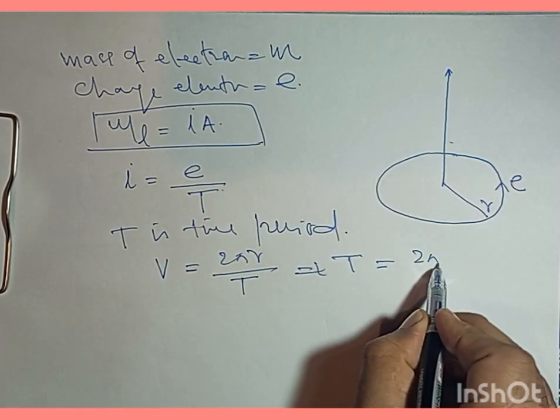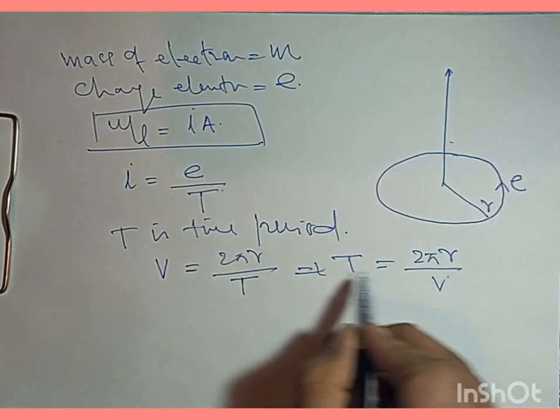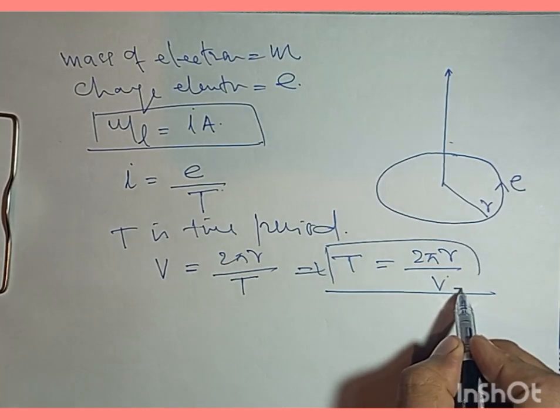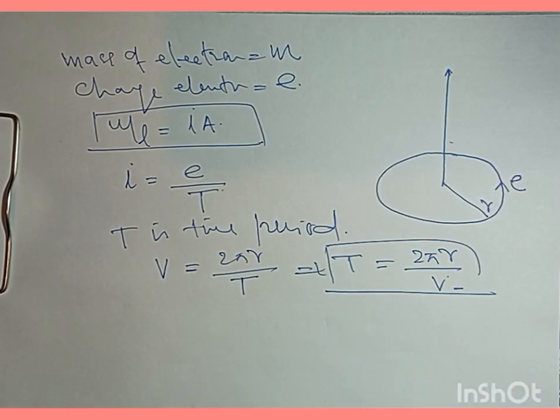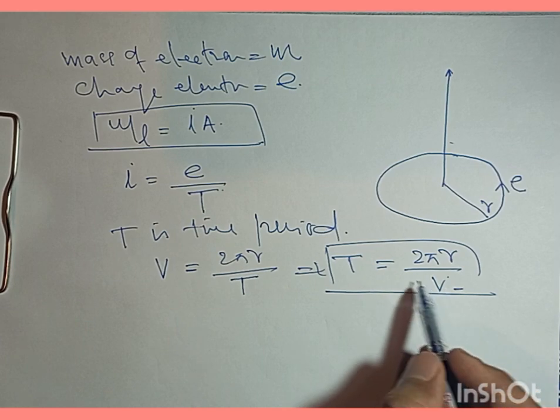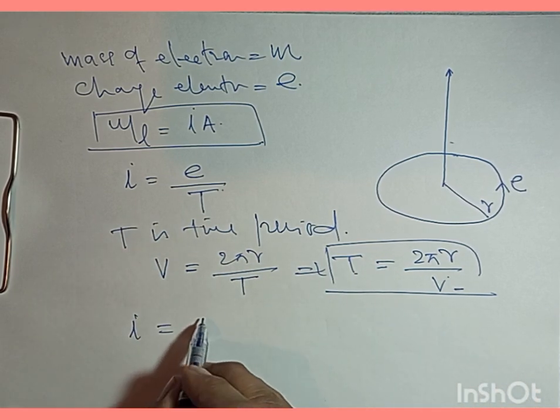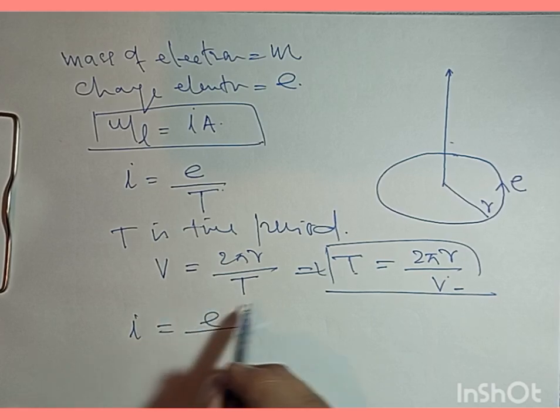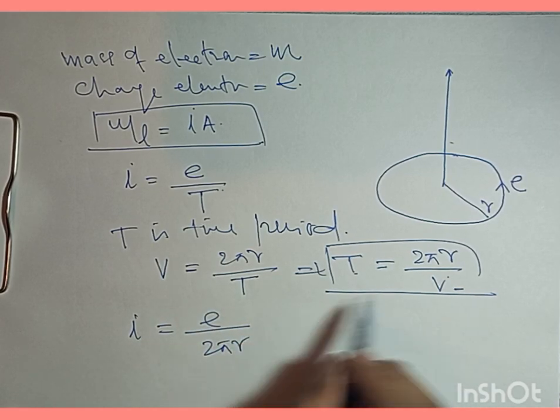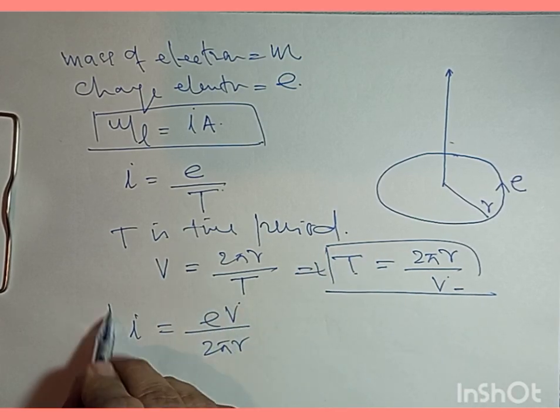It's going to be 2 pi r by v, where this v is nothing but the magnitude of velocity. And I can use the value of this T in this equation, so I'll get I equal to e by 2 pi r, and this v will go up.